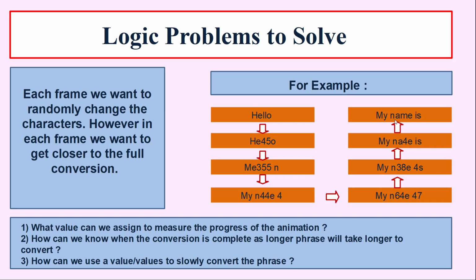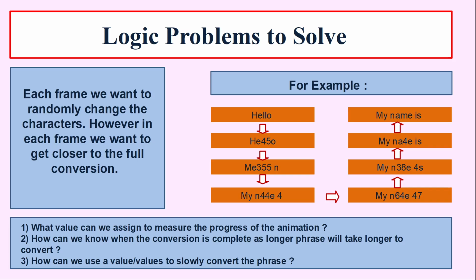So what values can we assign to measure the progress of the animation? As the progress goes on we need to convert more and more of that phrase. How can we know when the conversion is complete?